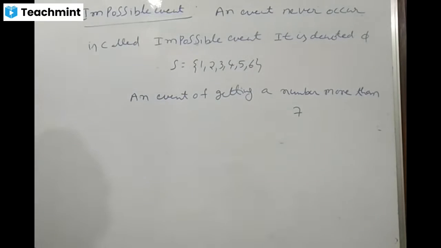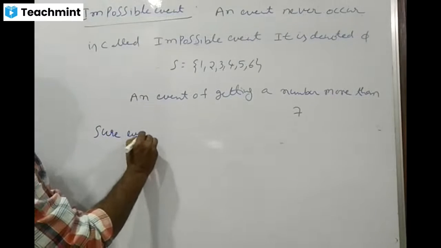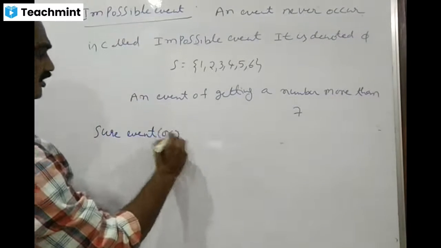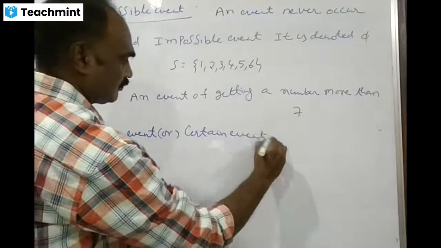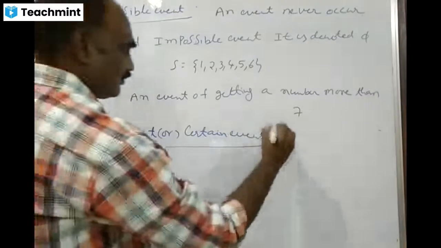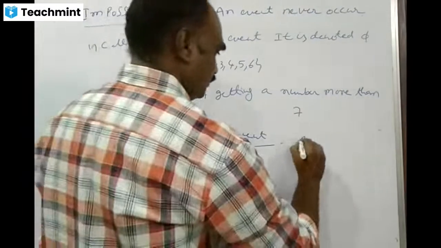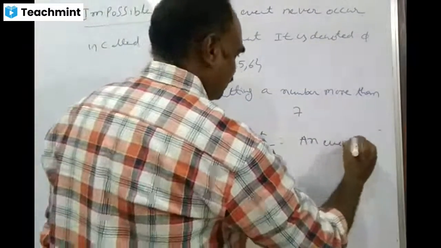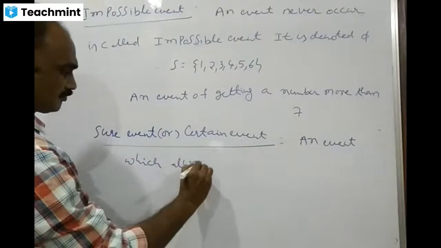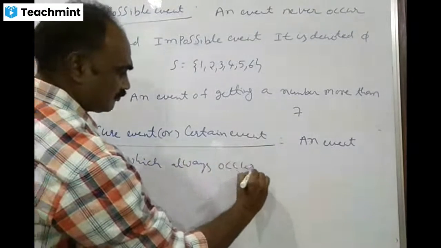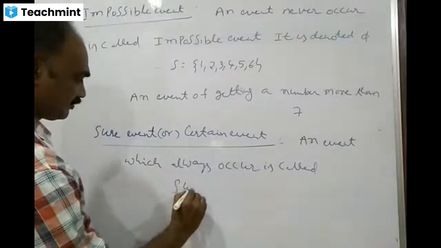Next, sure event or certain event. An event which always occurs is called a sure event.